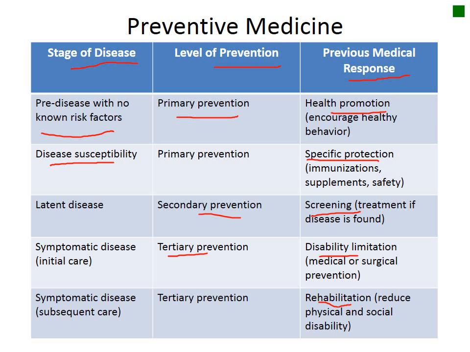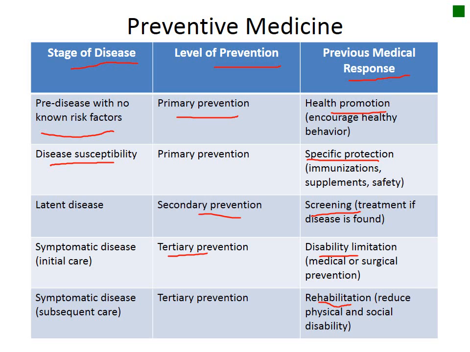These are just another table that shows another view and some examples of the potential medical responses with respect to the level of prevention, and then, of course, the disease, the stage of the disease.